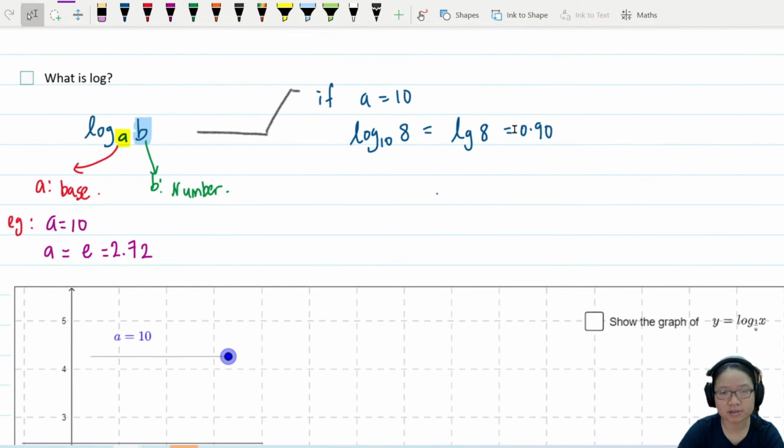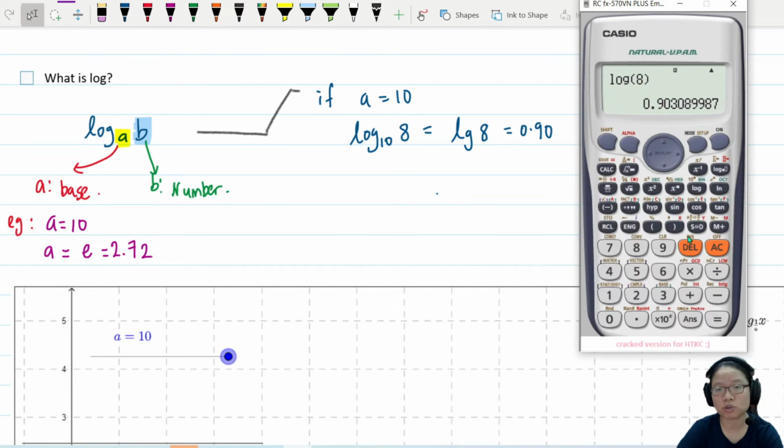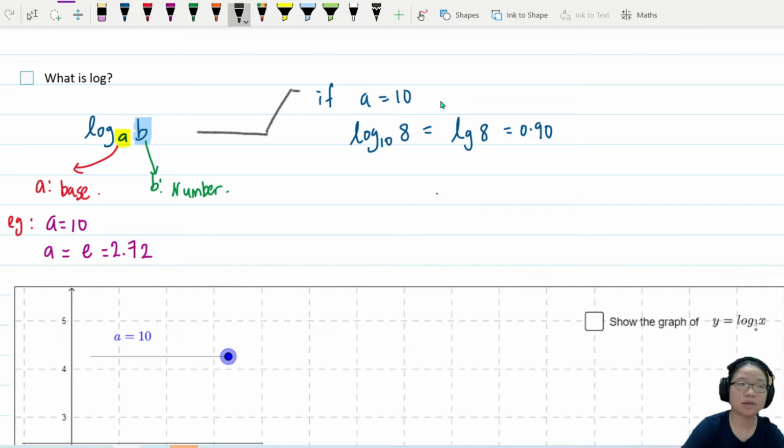So that is 8, this is 0.9. This is what I mean by number. I substitute 8 as the number, but 10 is the base. When you press your calculator, you will use this button. So in physics, we use log base 10. And another useful one that we use, and it's normally only these two, it's highly unlikely they will use other bases, because why?